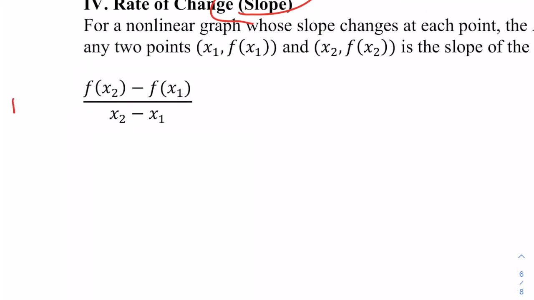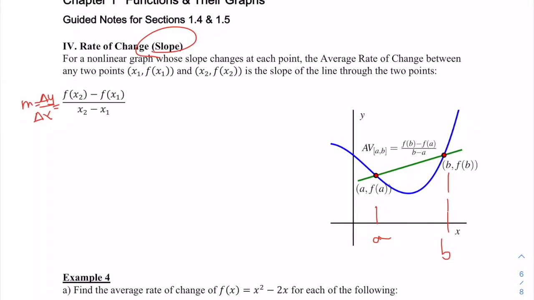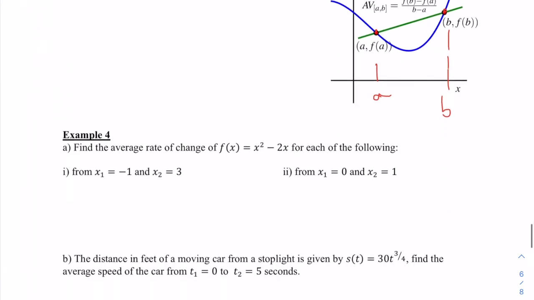So this would be the change in y over the change in x. So it'd be f of x sub 2, or f of b, minus f of x sub 1, or in this picture f of a. Whenever we're trying to find the slope or the average change, we have to make sure we have those 2 points. Otherwise we get an expression or a difference quotient.